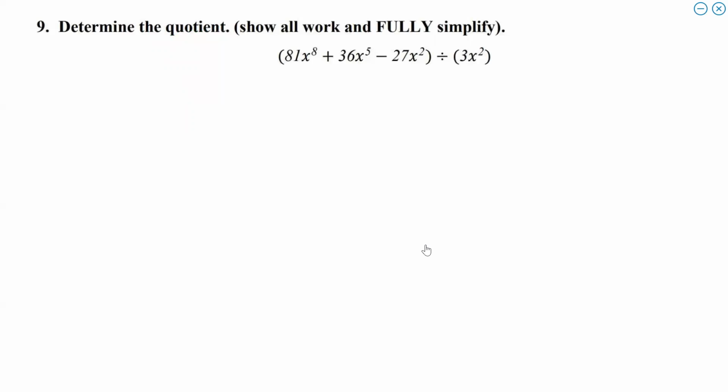What do you notice about the thing that we're supposed to be dividing by? About the smaller polynomial? This piece right here. How many terms does it have? One term. This is a monomial.